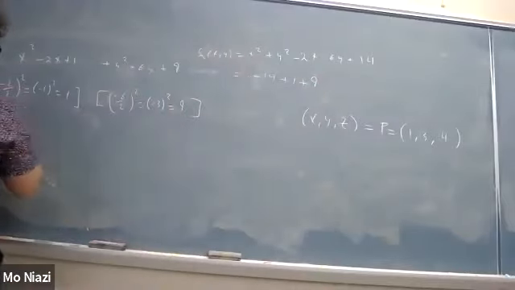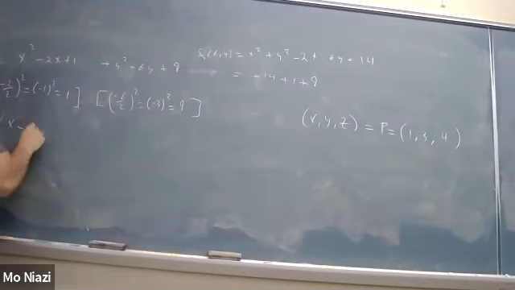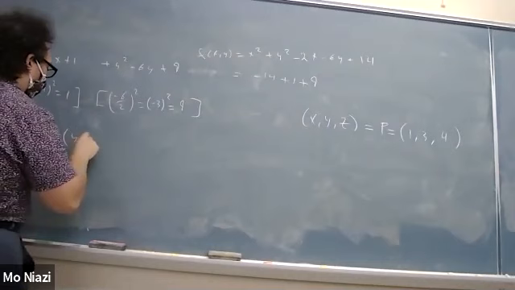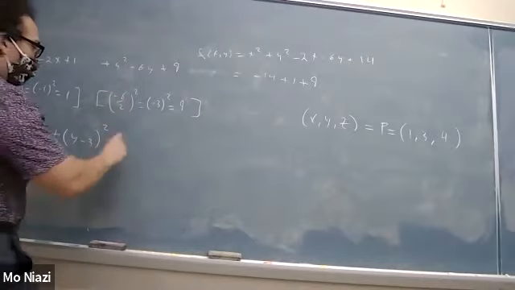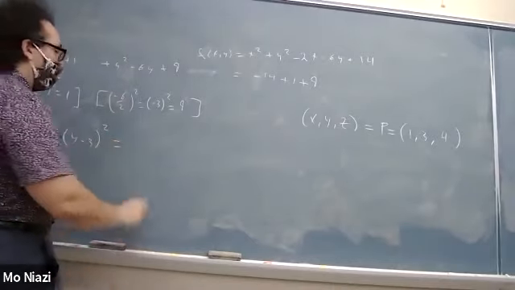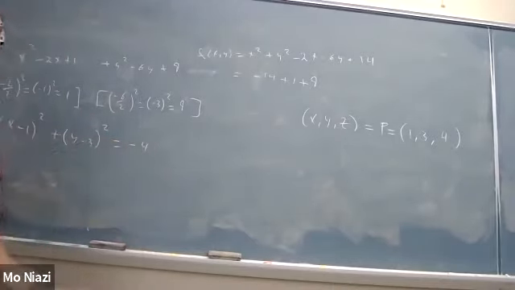So then we can factor this into an x minus 1 quantity squared plus a y minus 3 quantity squared. All right. And this equals minus 4. Everything right so far that you guys can tell? Okay, no slip ups.